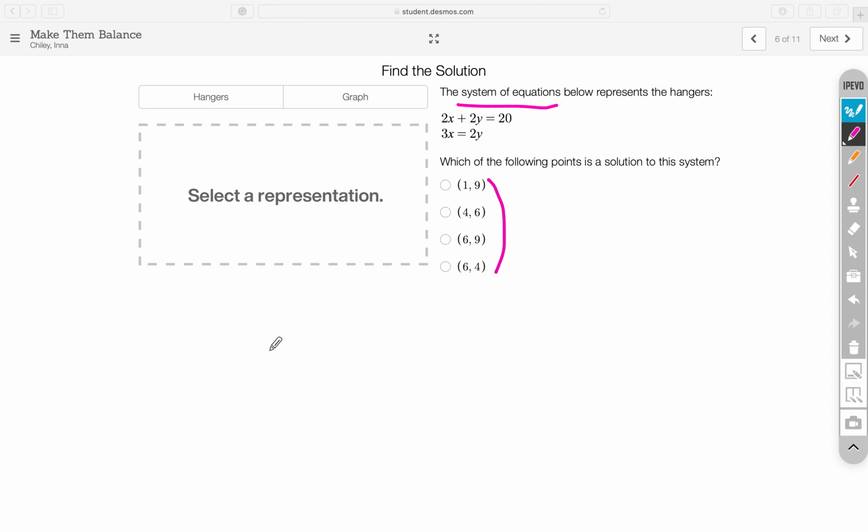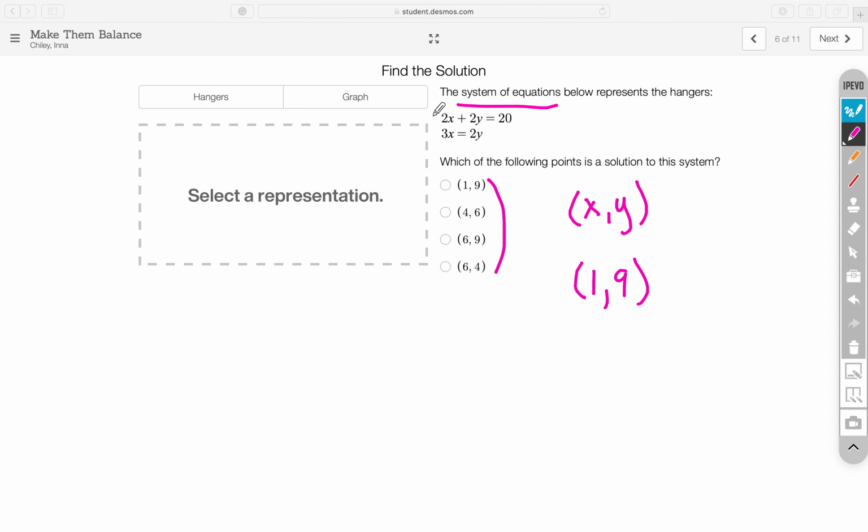So essentially what I need to do is plug in each of these paired points, an x comma y point. So I need to plug in, for example, 1, 9. I would plug in 1 for x and 9 for y and see if the equation is equal.